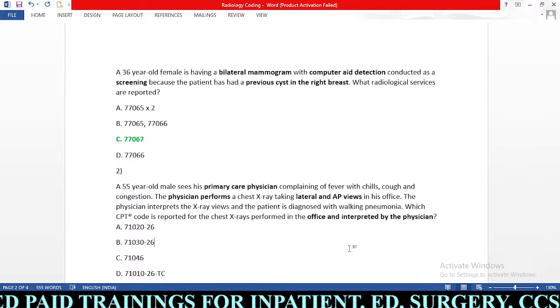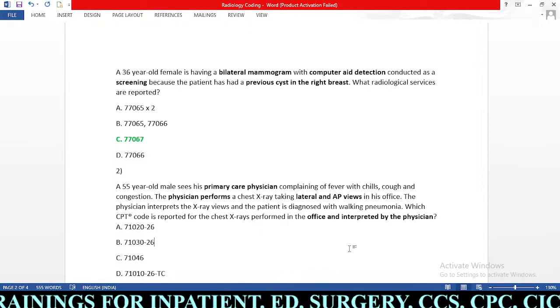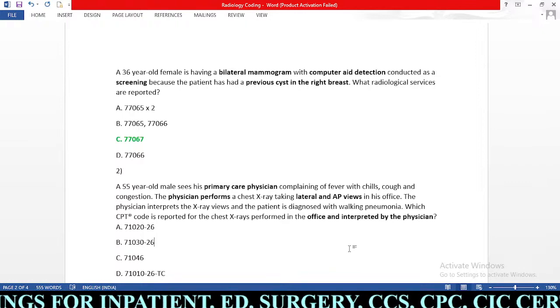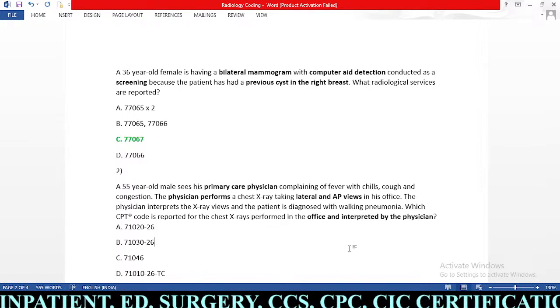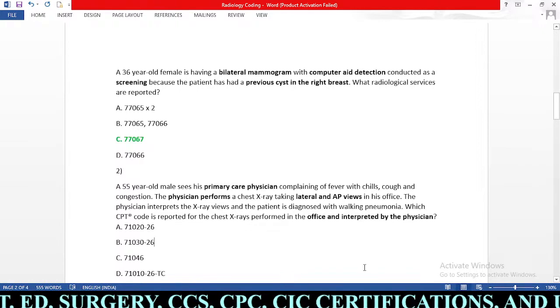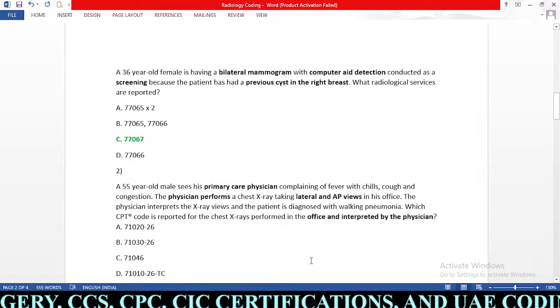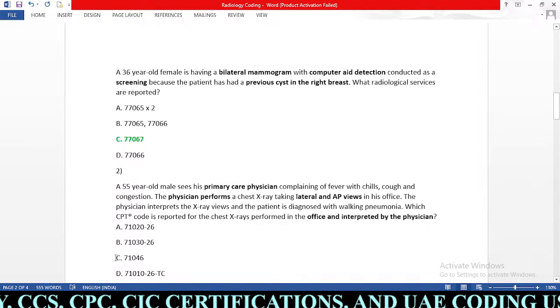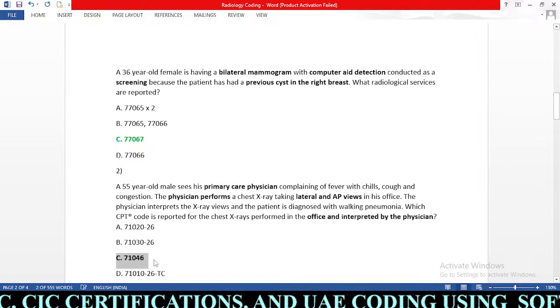Those are all outdated codes. Based on our scenario, the physician has performed two views, lateral and anteroposterior, and even performed and interpreted this X-ray in his office. So we need not code the 26 modifier here. We need to code only 71046.